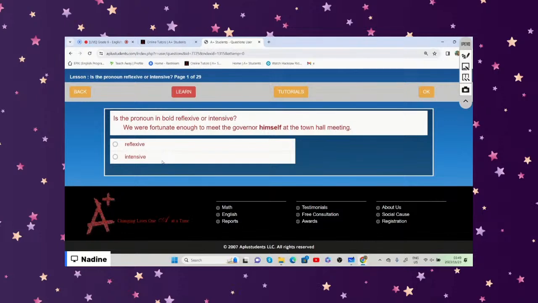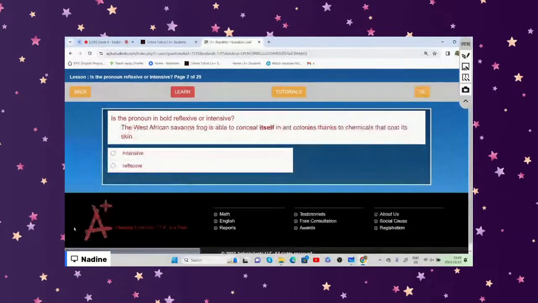If we select the correct one, we will say intensive, right? Because it says we were fortunate enough to meet the governor himself, and this now basically refers to the governor. So this is an intensive pronoun.